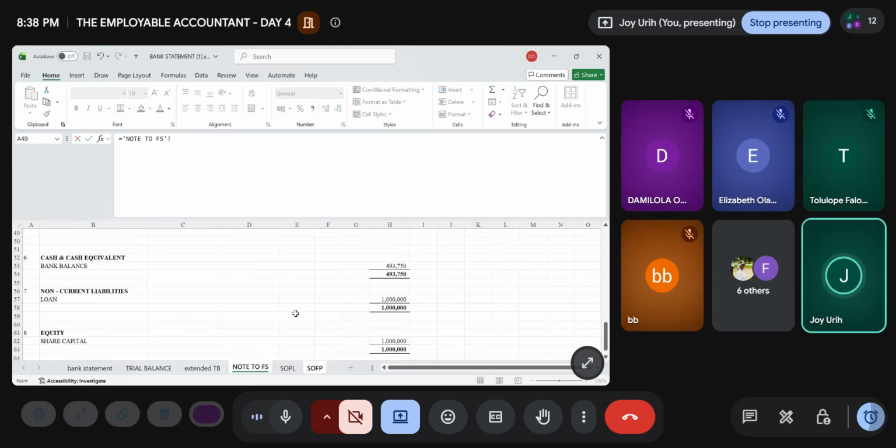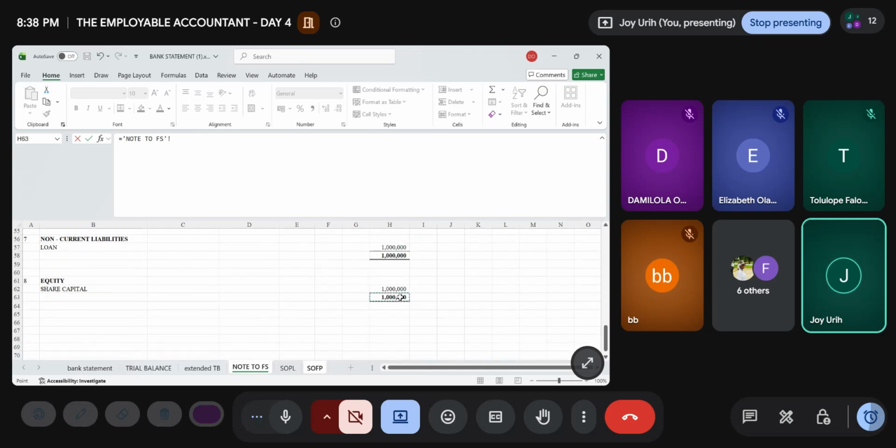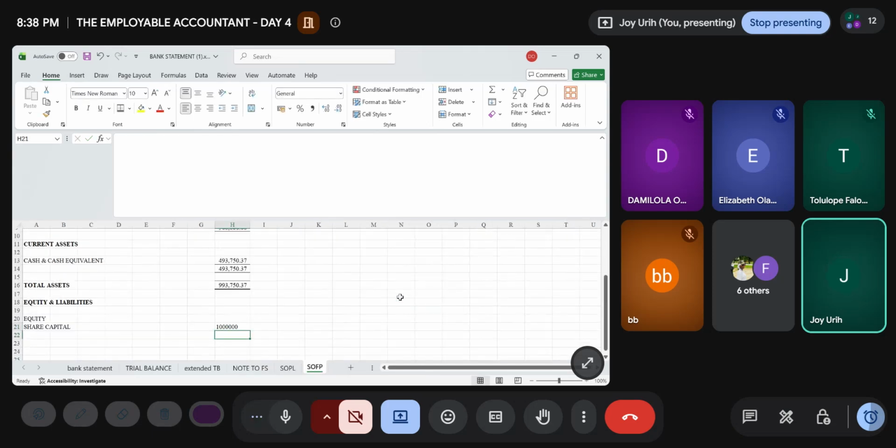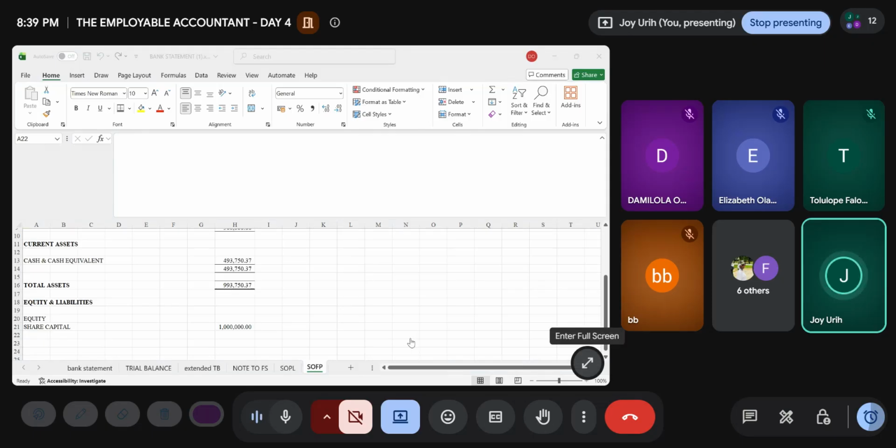We have a note for the share capital, which is note 7. Then the next item that also forms part of our equity is retained earnings. This is another item that forms part of our equity, retained earnings.